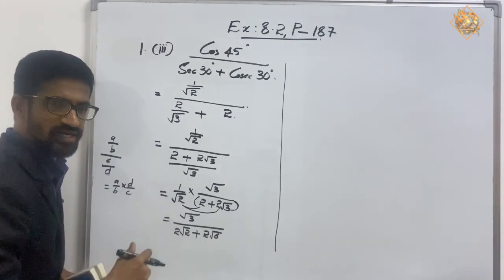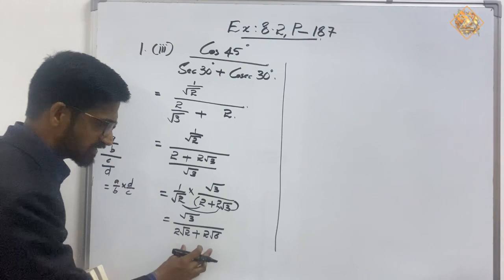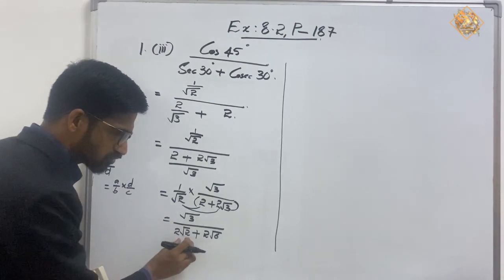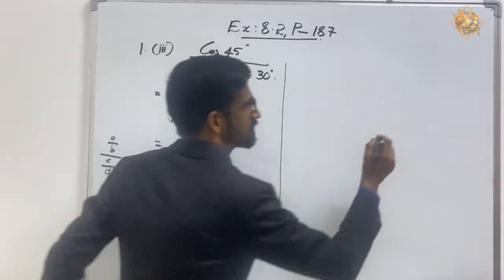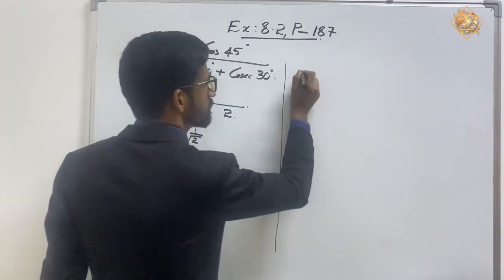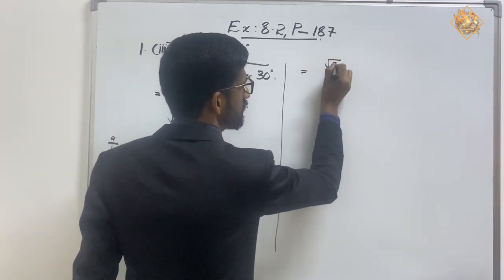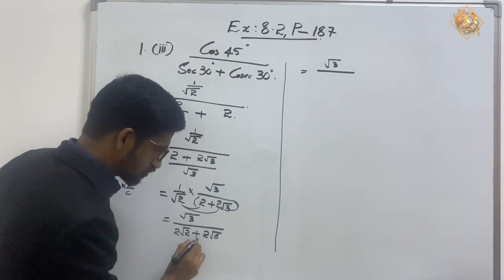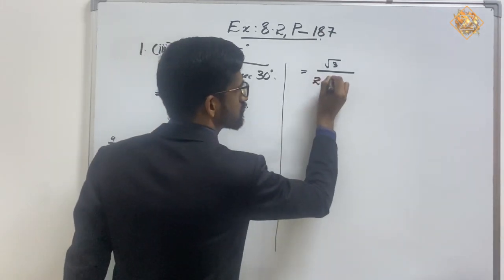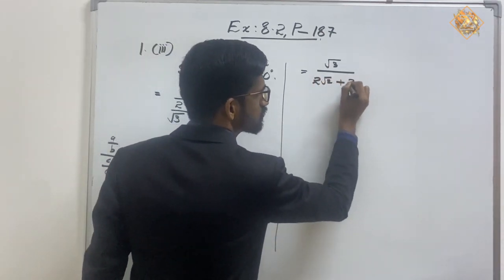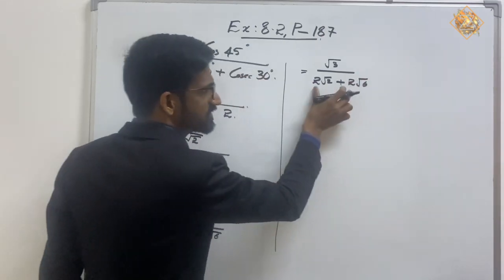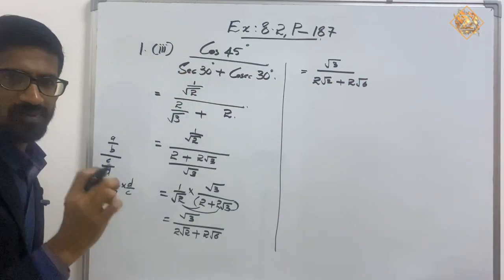Okay, what do you mean by conjugate of denominator? In the denominator it is 2 root 2 plus 2 root 6. In the denominator, we have root 3 by 2 root 2 into 2 root 2 plus 2 root 6. What is the conjugate of 2 root 2 plus 2 root 6?